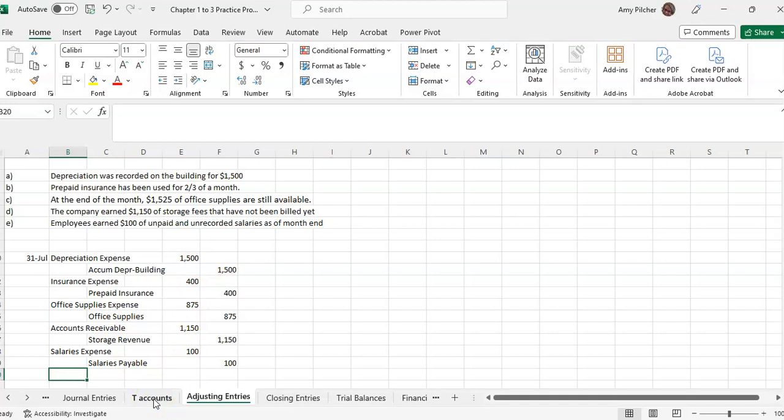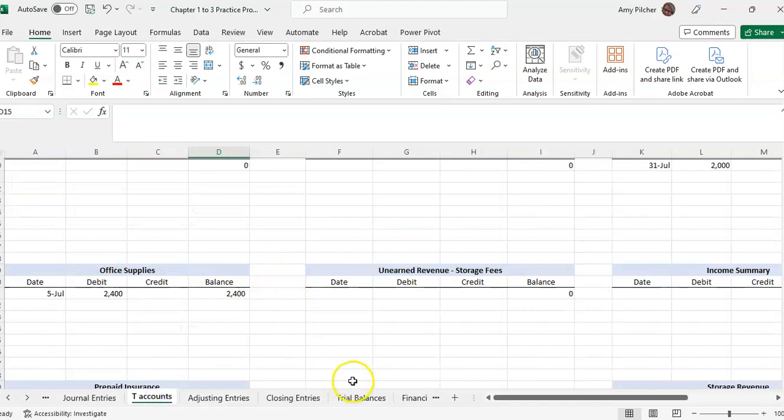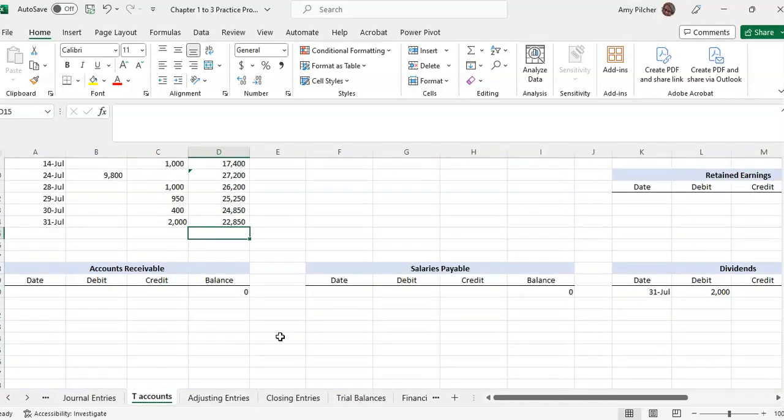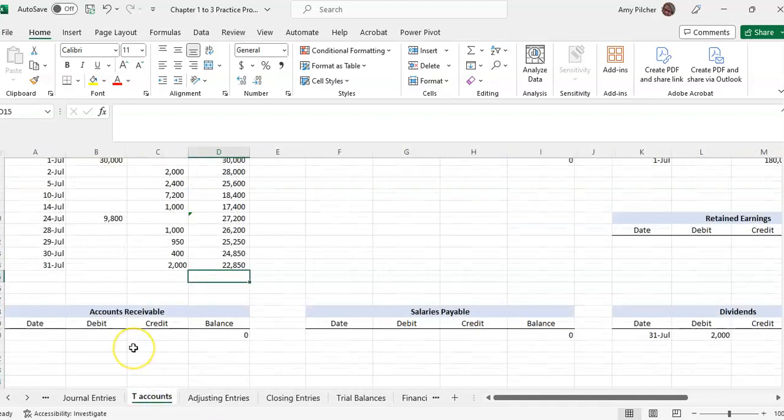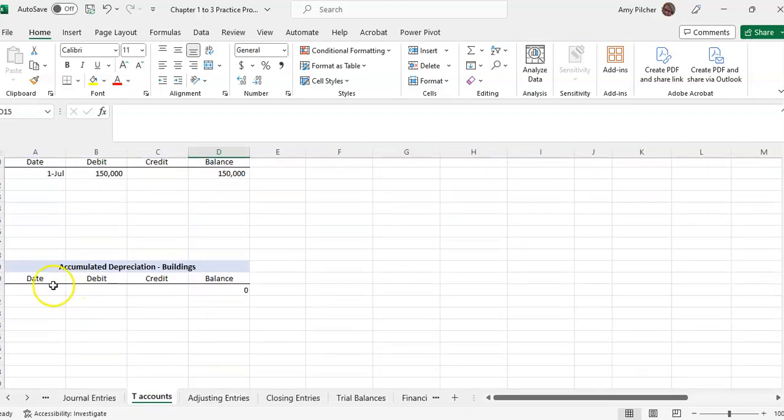Okay, and then I'm going to show you how to get an adjusted trial balance using Excel. So first we have depreciation expense and accumulated depreciation. So we have accumulated depreciation July 31st, and we have a credit of 1,500.